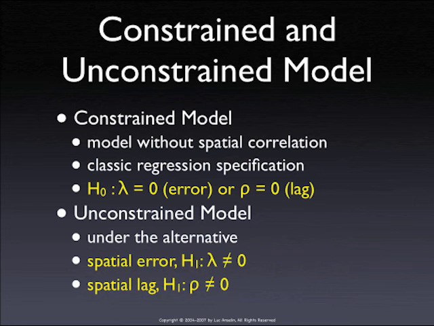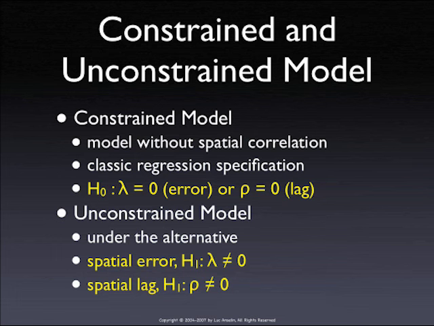So the constrained model is a model where you constrain the parameters to a specific value, in this case, 0. So if you think of a spatial lag model, so we have rho WY plus X beta, and you constrain the rho to be 0, what do you have? You have a model without a spatial lag, which is your standard regression model.